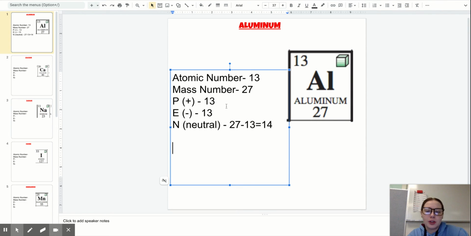So if we have 13 protons, that means we have 13 positively charged parts. So we have 1, 2, 3, 4, 5, 6, 7, 8, 9, 10, 11, 12, 13. And think about it like math. You guys are learning or have learned positive and negative numbers. And remember, if you add a positive and negative number together that are the same number, they're going to cancel each other out. So if, let's say, this positively charged proton is like a positive 2, well, what's going to cancel out a positive 2?